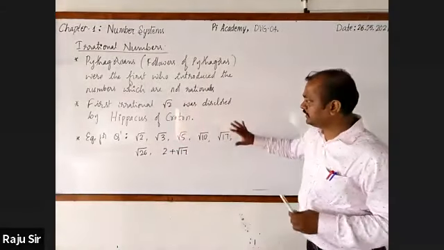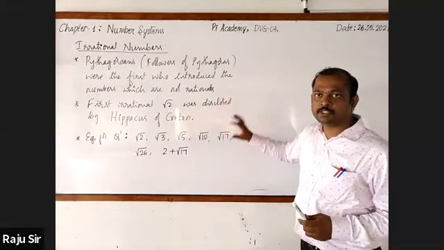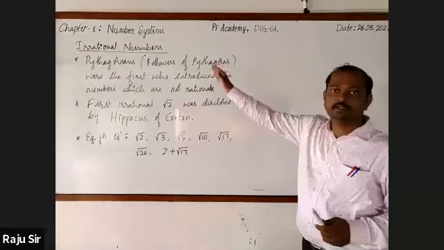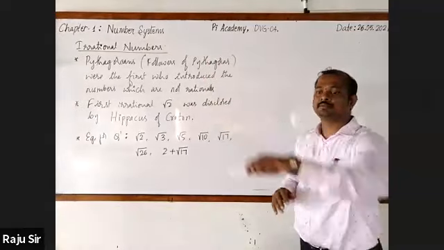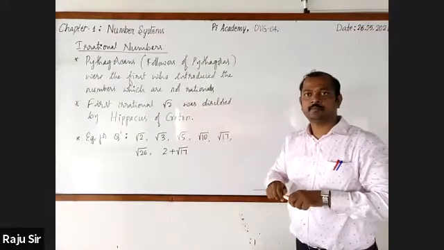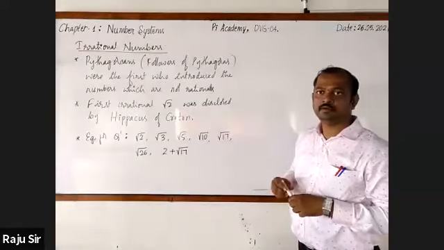So these are the important irrationals which we are going to discuss in the chapter Number Systems. Written up?